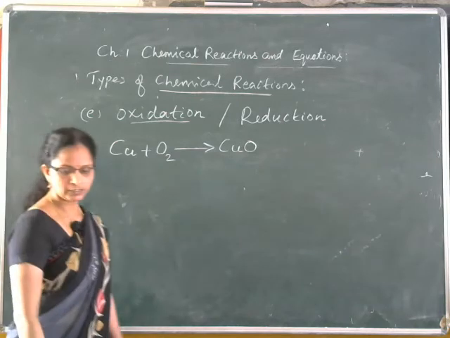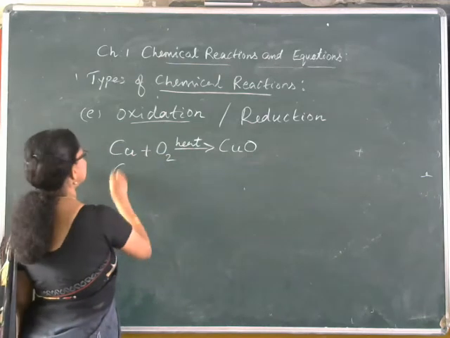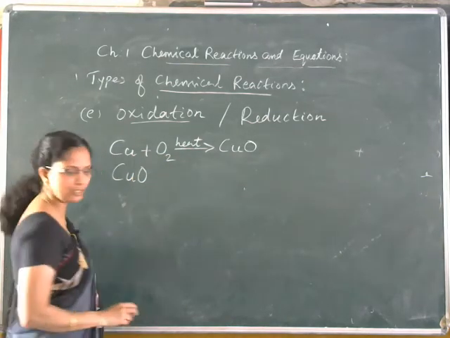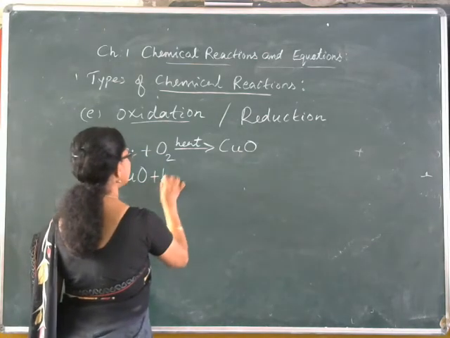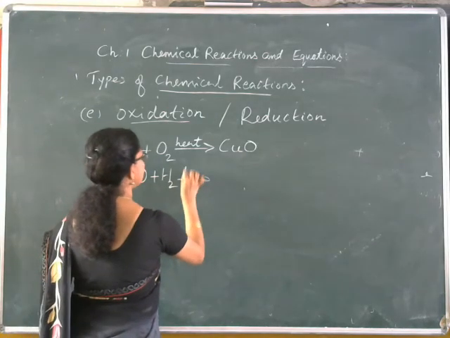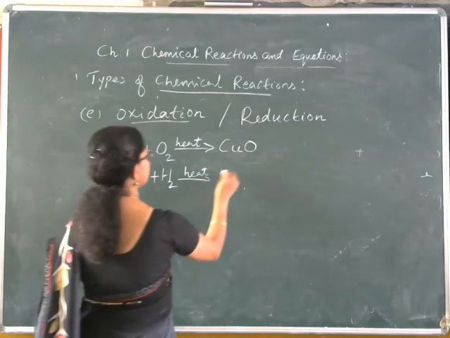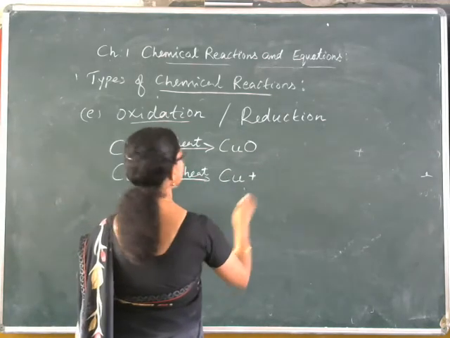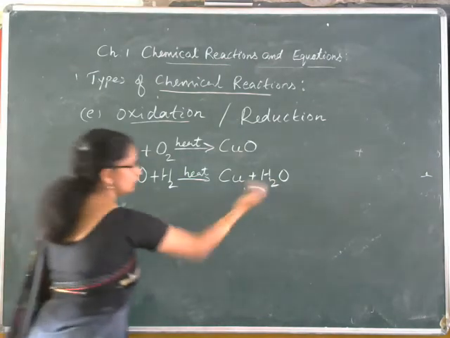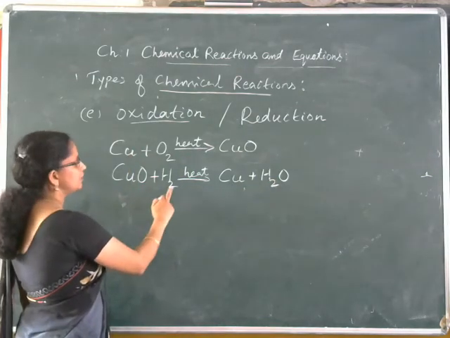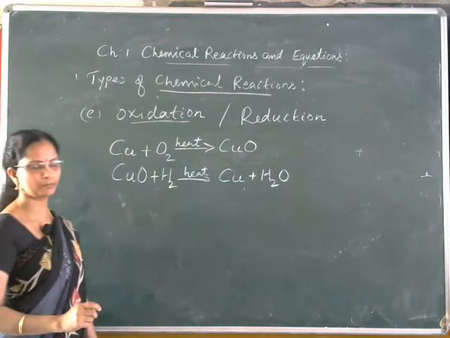Now if we pass hydrogen over heated black colored copper oxide, we can see that the reverse reaction takes place and the products formed are copper and water. So on passing hydrogen over heated copper oxide, we get Cu plus H2O.